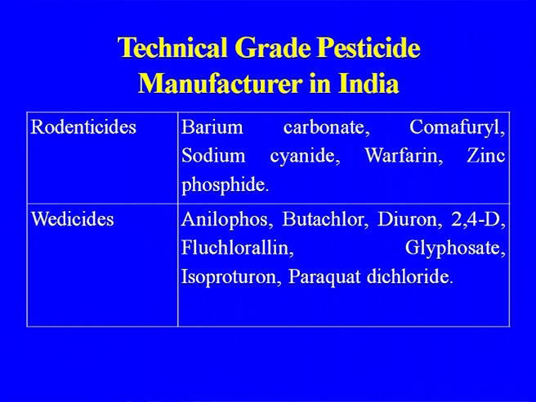Then the weedicides: analphos, beta-chlor, diuron, 2,4-D, fluorochlorine, glyphosate, isoproteurone, paraquat dichloride. These are coming in the category of weedicide.